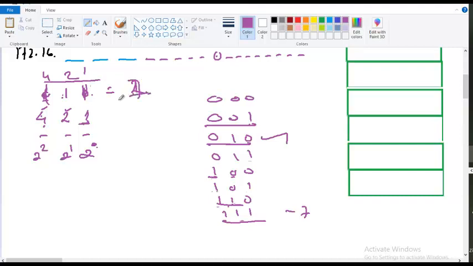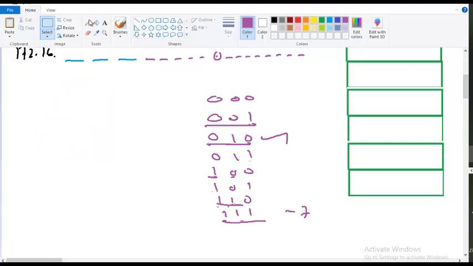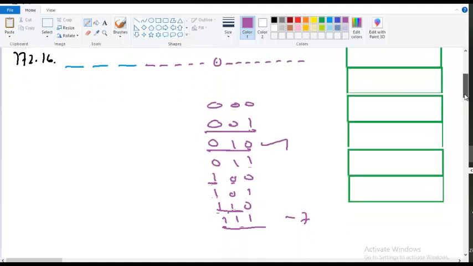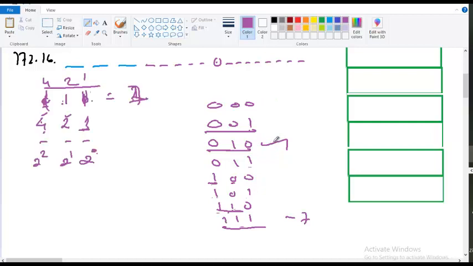That's the binary system. Now, with these 3 bits, you've got 1, 2, 3, 4, 5, 6, 7, 8 different combinations.